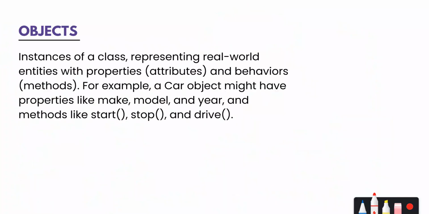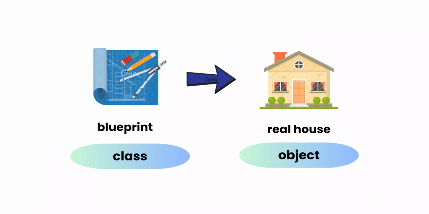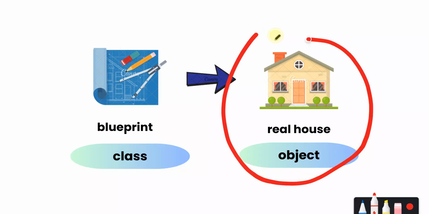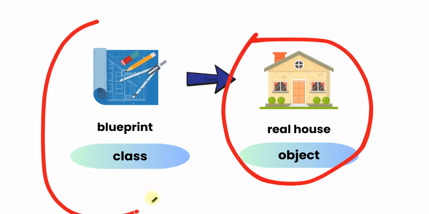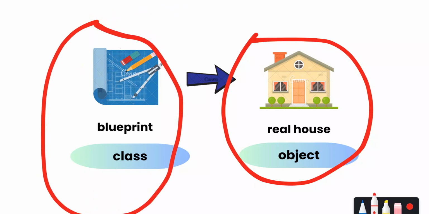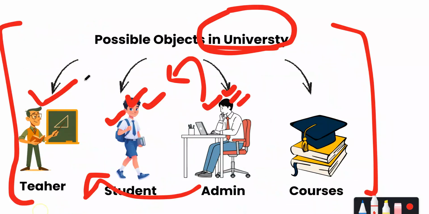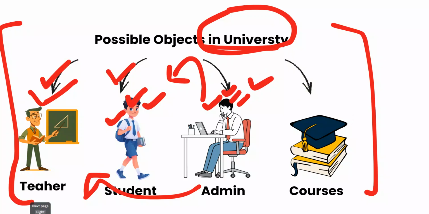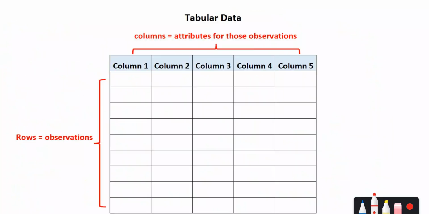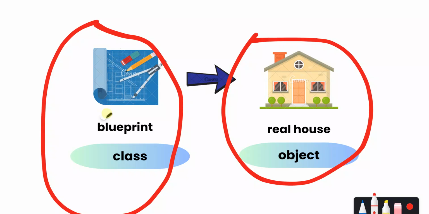So before directly coding and going towards the object, we will need a class for that. As we discussed earlier, before constructing a house, we need a design for that. Exactly here, as you can see, if you have decided that we have one teacher class in our program, one student entity, and one admin entity, then instead of coding them directly, we will first need a design for that.